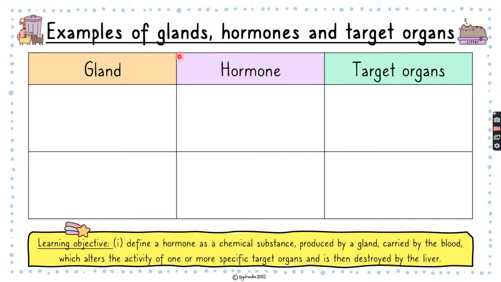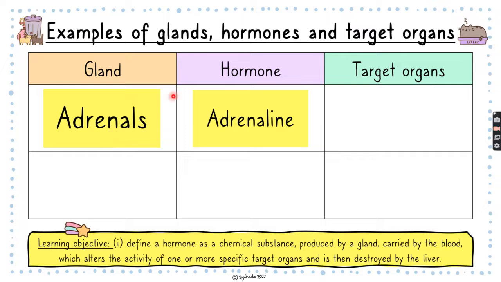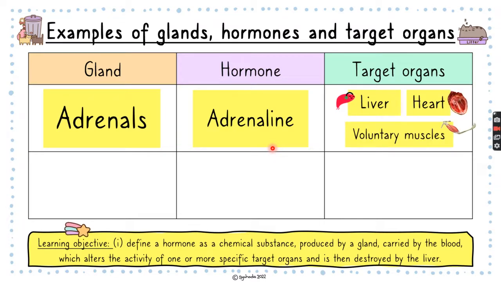So what are the examples of glands, hormones, and target organs? The first gland, or pair of glands, that you need to learn is called the adrenal glands, or the adrenals. The hormone that they make is adrenaline. The target organs where they will have an effect are the liver, the heart, and voluntary muscles.